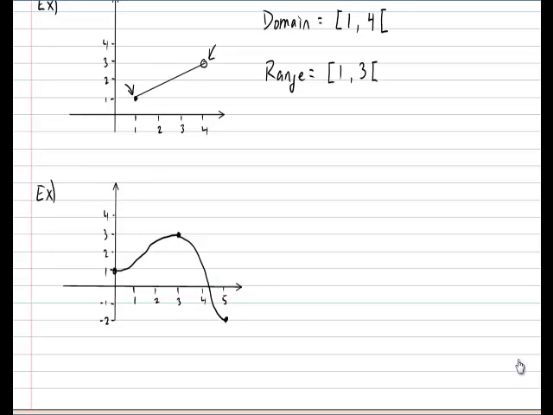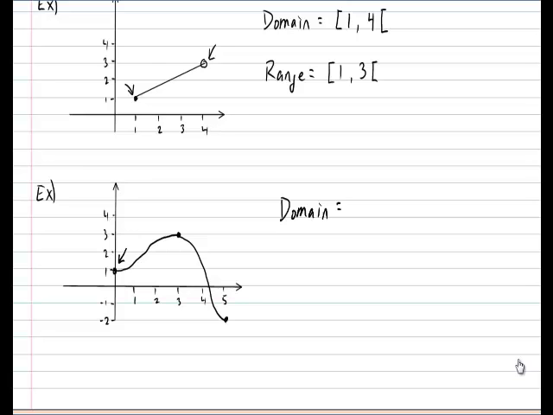Alright, let's figure out the domain and the range of the graph I just gave you. So, one final reminder that the domain refers to the x-axis. So you're asking yourself, for this graph, how far left does the graph start from, and how far to the right does it go? Well, let's take a look. The leftmost x value starts right here.